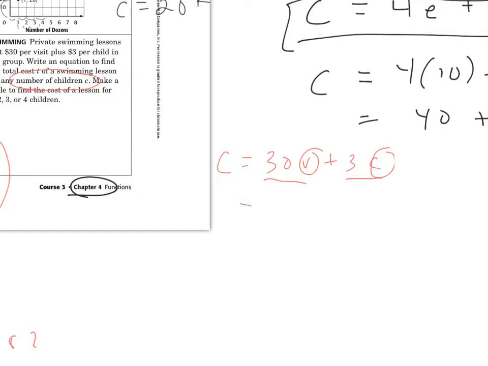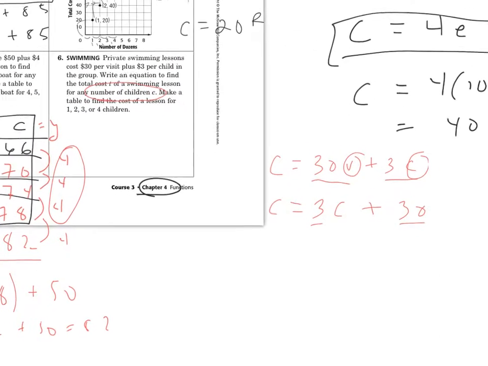So what's going to happen then is our cost is going to be $3 per child plus $30 to visit. So the 30 becomes a fixed cost and your y-intercept, and the 3 in 3C is your slope for this problem.